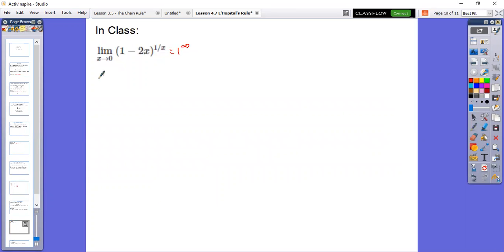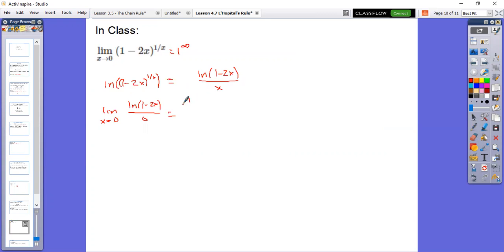So this is 1 to the infinity, which is an indeterminate form. Now I'm going to take ln of the entire function. When I take ln of (1 minus 2x) to the 1 over x, I can apply my logarithm rules, and this is going to be ln of (1 minus 2x) over x. Now I can apply L'Hopital's Rule because I've got a fraction. So I've got the limit as x approaches 0 of ln of (1 minus 2x) over x. I can take the derivative of this.